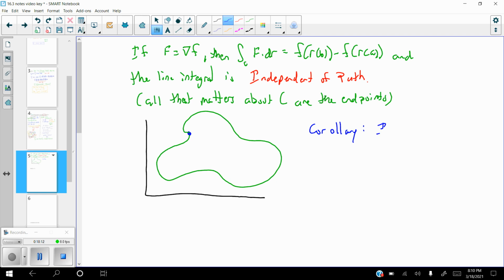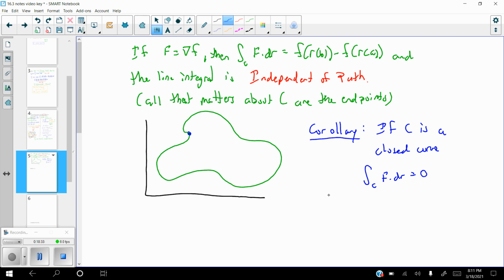Corollary: if C is a closed curve, then the line integral of f dot dr equals 0.